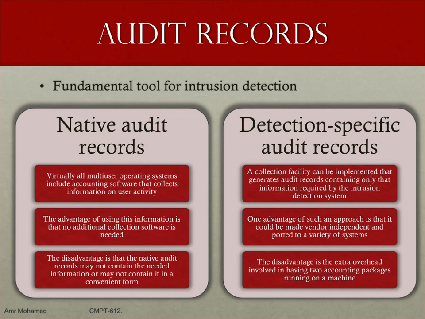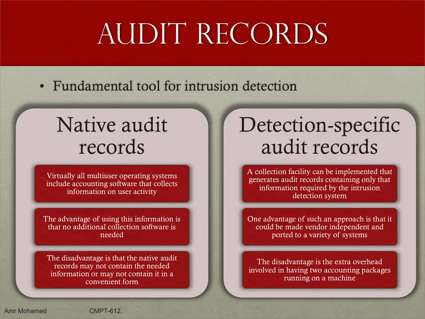The audit records, these are the first tool and the most important tool that we use for IDS systems. These audit records are classified into two types. Native audit records, and these native audit records, these are virtually all the multi-user operating systems that include accounting software. These are not necessarily designed for intrusion detection. These are the normal logging of the system.